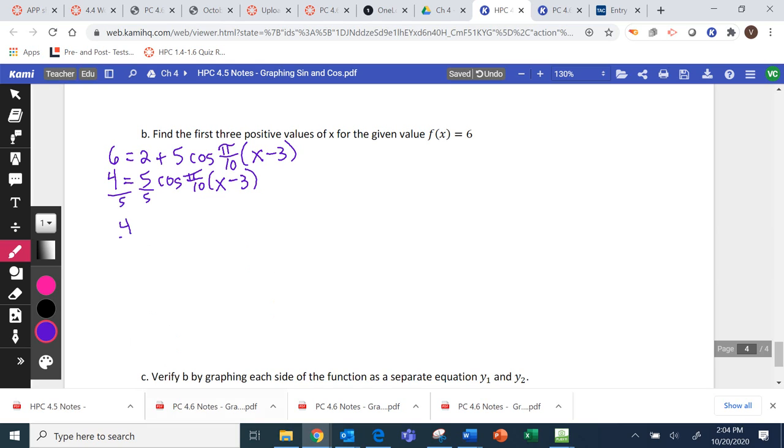So now I have 4/5 equals cosine of pi over 10 times x minus 3. What's the next thing I'm going to undo? I have to undo cosine next. What undoes cosine?